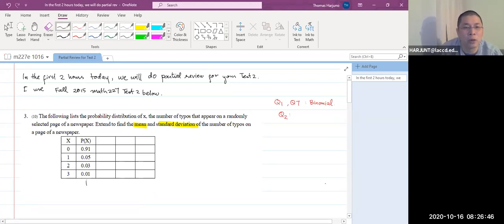Okay. Now, another thing to mention is sometimes this notation confuses some people. In my recent tests and lectures, I use only P for probability.